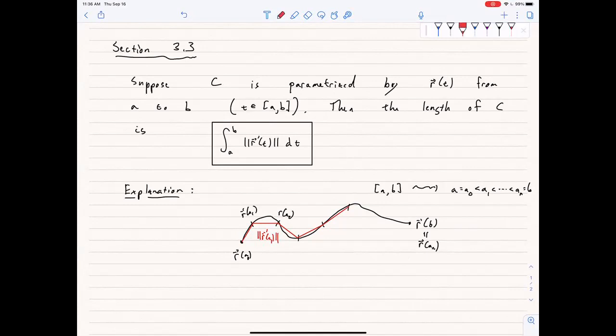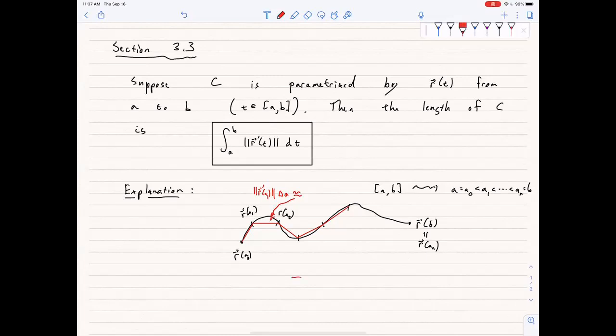So I can say that this is this times delta A. And that gives me a good approximation. It says, I'm going this fast, and over a period of time, if that time is really short, I should make it about this far. And so this is approximately the length of this red piece.